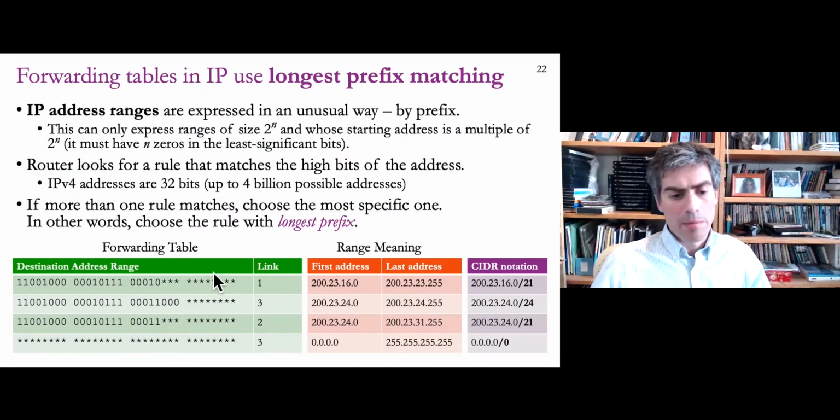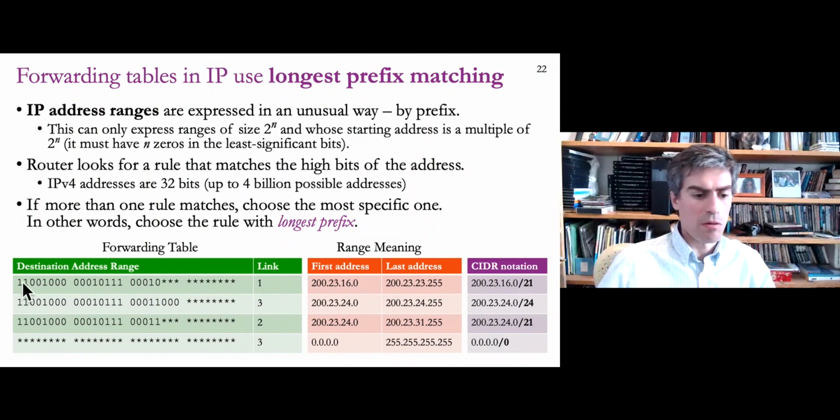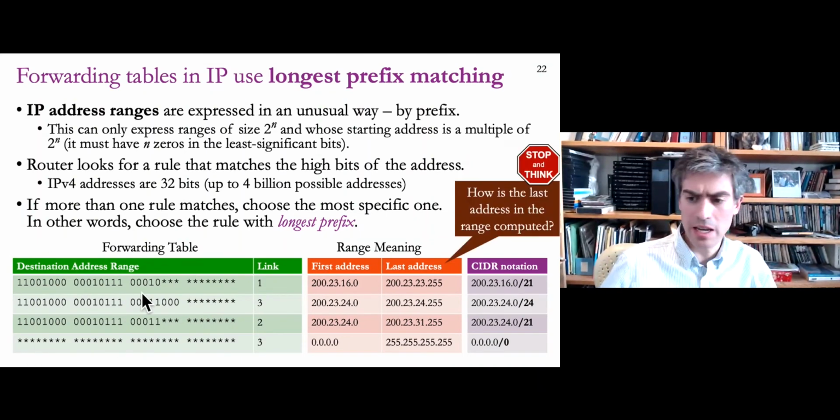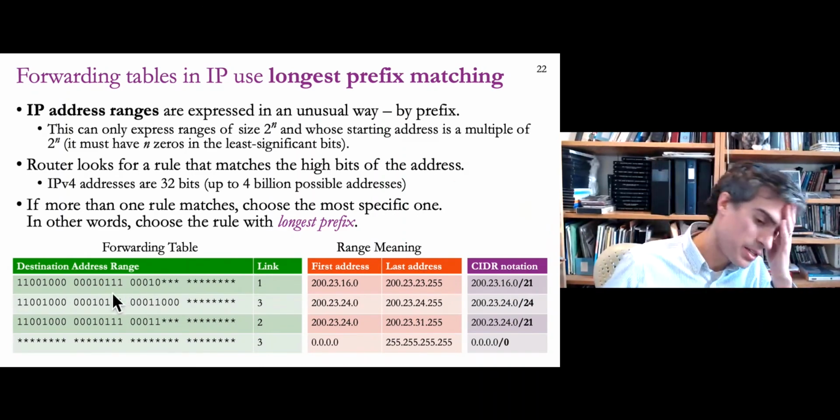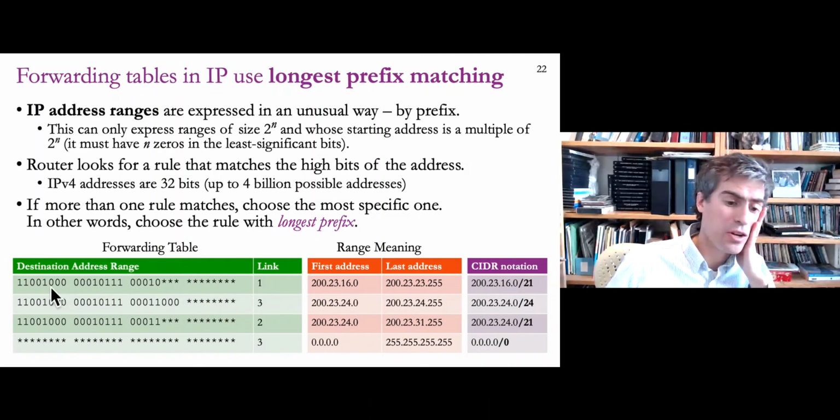Okay, so we'll see an example of that here. On the bottom here, we have an example of a forwarding table, just this green table. It specifies an IP address range using the CIDR notation, but I'm drawing it out here with bits and wildcards. These stars are wildcards. It means any address that matches these high bits, and the low bits can be whatever.